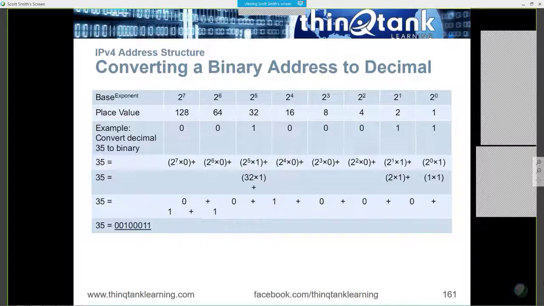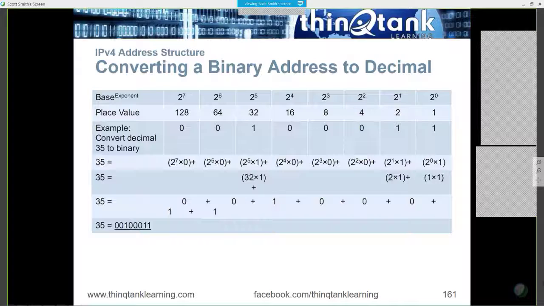Now, as far as representing any IP address octets, we only need 8 bits to do that. So that's 2 to the power of 0 up to 2 to the power of 7. The place values that you see there, 1, 2, 4, 8, 16, 32, 64, and 128, these are essentially the weights of each of those values of the power of 2. Okay?